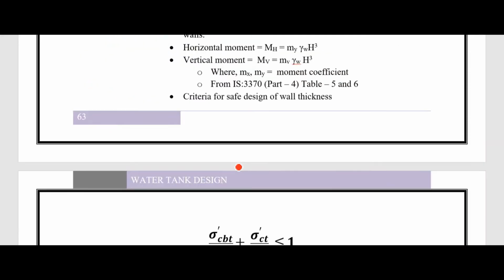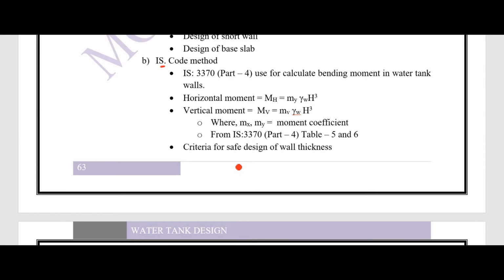In the IS code method, we use IS 3370 part 4 for calculating the horizontal moment MH and vertical moment MV.